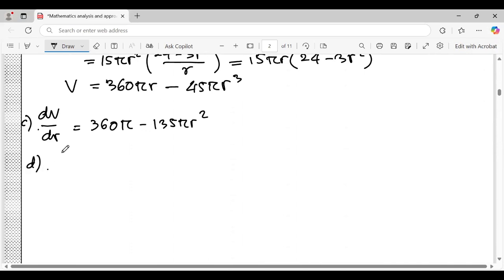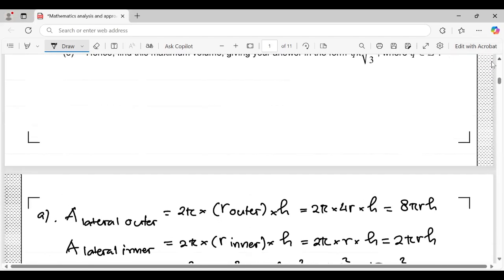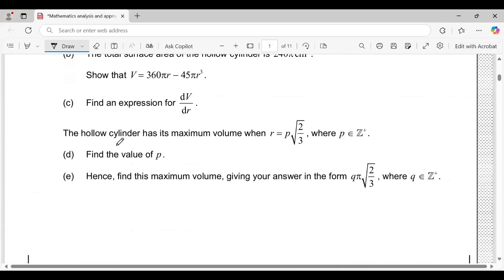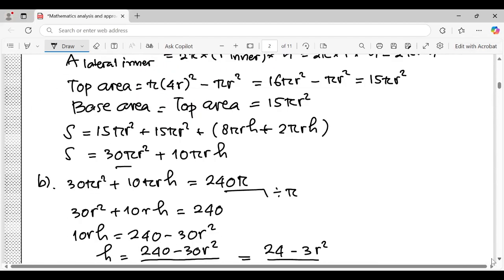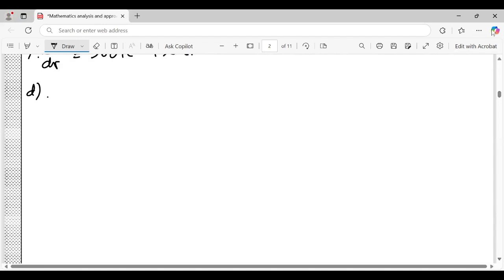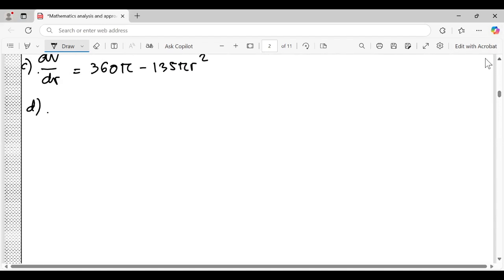Next question, D. The hollow cylinder has its maximum volume when r equals p square root 2/3. Find the value of p, where p is a positive integer. The volume will be maximum if the derivative equals 0.